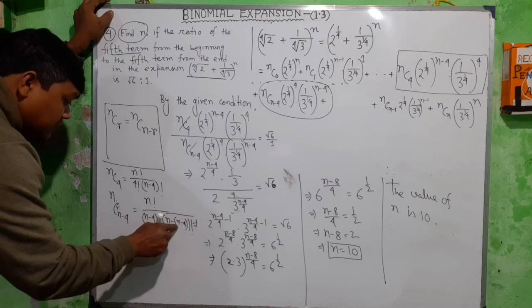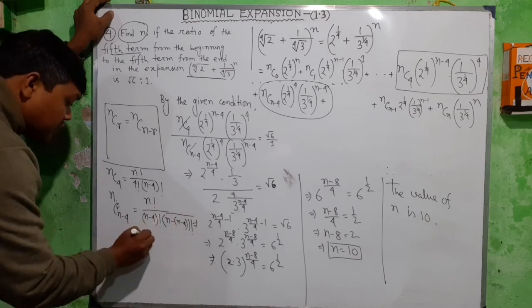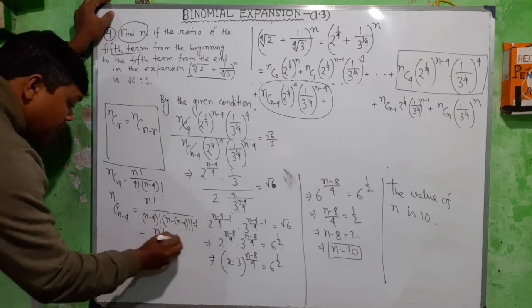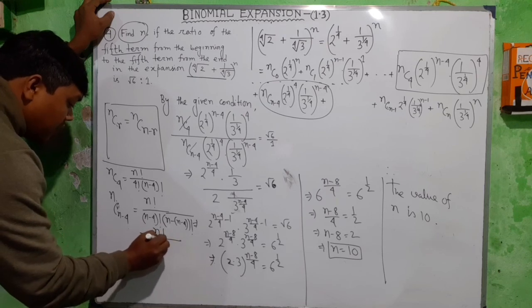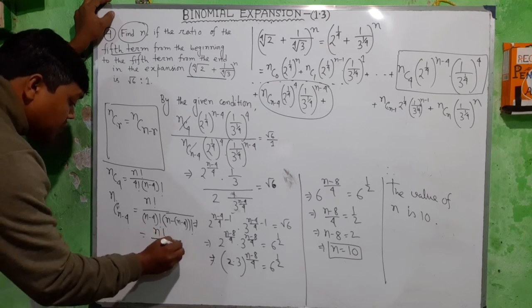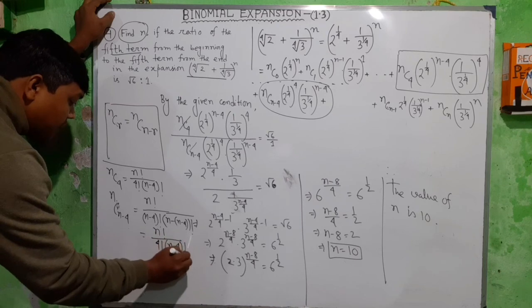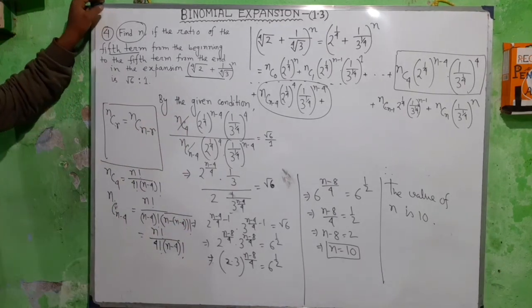So n minus n cancels, minus minus is plus 4. So factorial n by 4 factorial into (n minus 4) factorial. That's why I have cancelled nC4 and nC(n-4) there. So I have gotten the result.